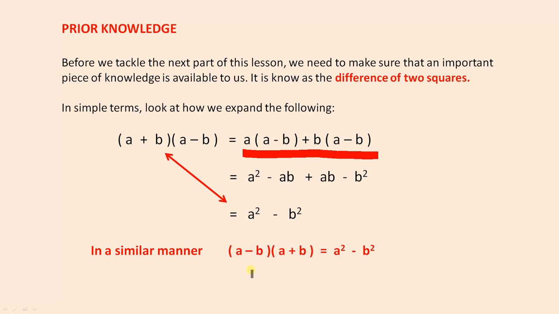Now, in a similar manner, if you had a minus b times a plus b, the answer is the same. You remember the commutative law for multiplication. It doesn't matter if you change these around, you still get the same answer. So this is a very, very important rule to remember, and it'll stand us in good stead for the rest of this video.